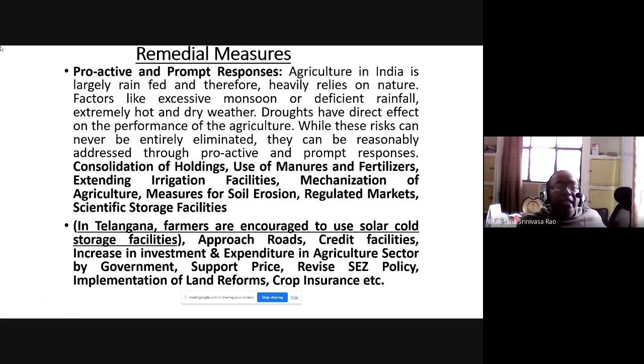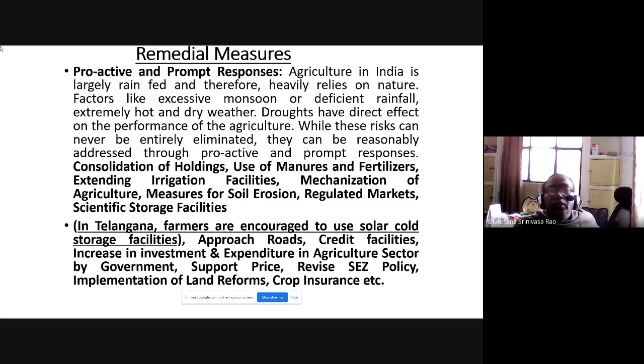Then from the remedial measures point of view, it needs proactive and prompt responses, because agriculture mainly depends upon rain and relies heavily on nature. That is why, if nature is supportive, then it will yield good results.